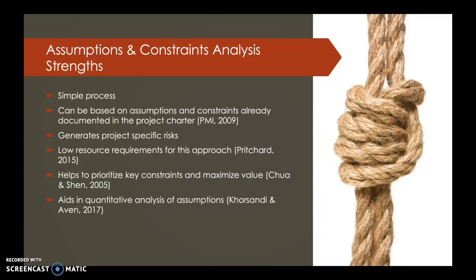Three, it generates project-specific risks, which is the goal of the identify risks phase of the project. It's also a low resource requirement approach because you don't need a lot of money or people or time. It's, again, very simple and straightforward. It helps to prioritize key constraints and maximize value, but it also aids in quantitative analysis of assumptions.